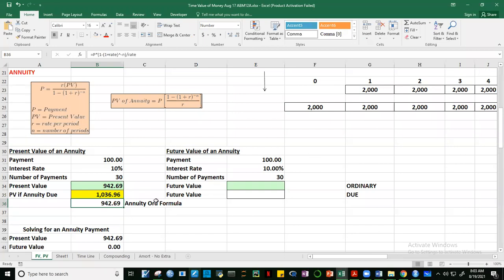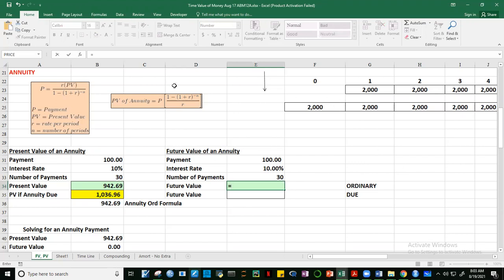Now, we can also get the future value. So let's get the future value using the annuity. So this will be equal to, okay, I'll give you a few seconds, guys, and then please chat your answer. Using the annuity, let's find the equivalent future value of an annuity of 100 at 10% in 30 years.